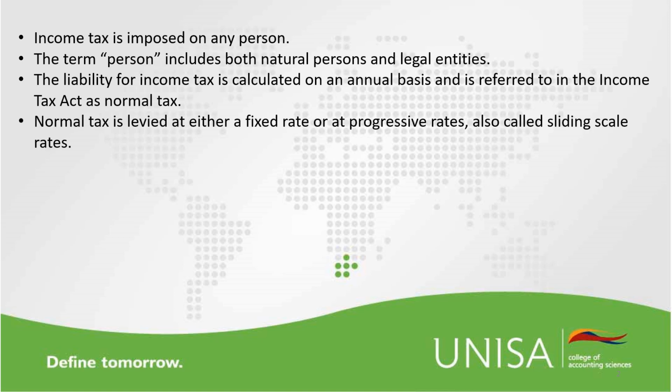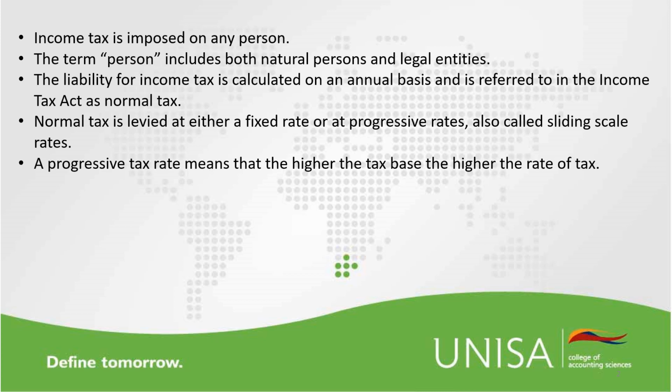Normal tax is levied on the annual taxable income of the person or entity at either a fixed rate or at progressive rates, also called sliding scale rates. A progressive tax rate means that the higher the tax base, that is the taxable income, the higher the rate of tax.